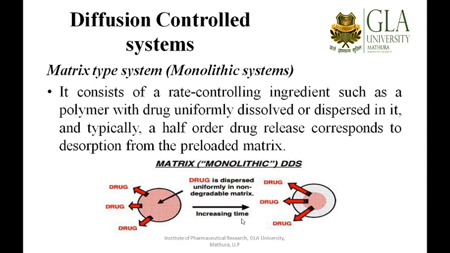With the passage of time, the amount of drug will be diffusing out of this matrix in a time dependent fashion. So the drug is dispersed uniformly in a non degradable matrix, and only the drug is allowed to diffuse out. This is the basic principle of matrix drug delivery system.